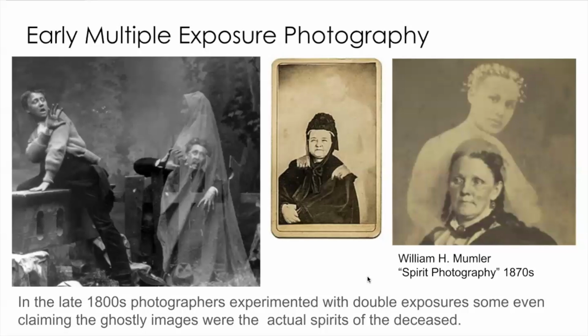There's a famous one in the center. That figure in the center one is Abraham Lincoln. This is a famous one that he created, and for years people believed it was the ghost of Abraham Lincoln. So this is an interesting connection to share with students, the kind of theatrical history of this.